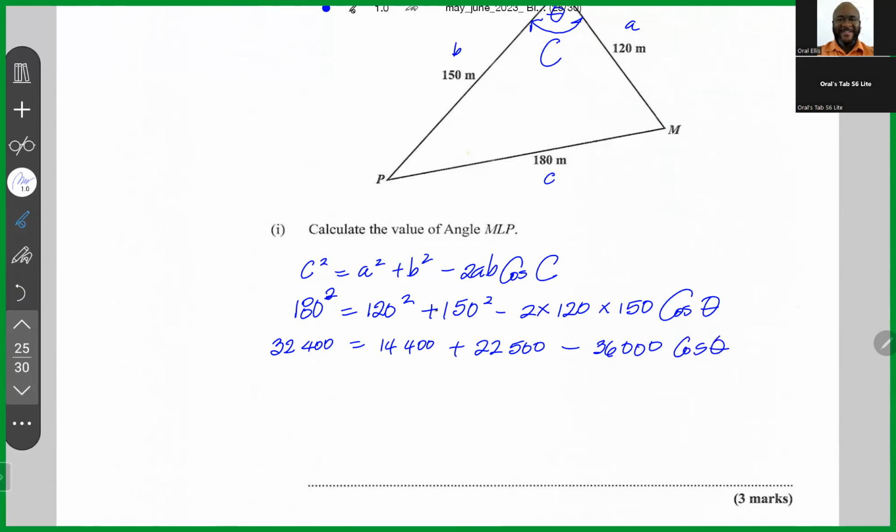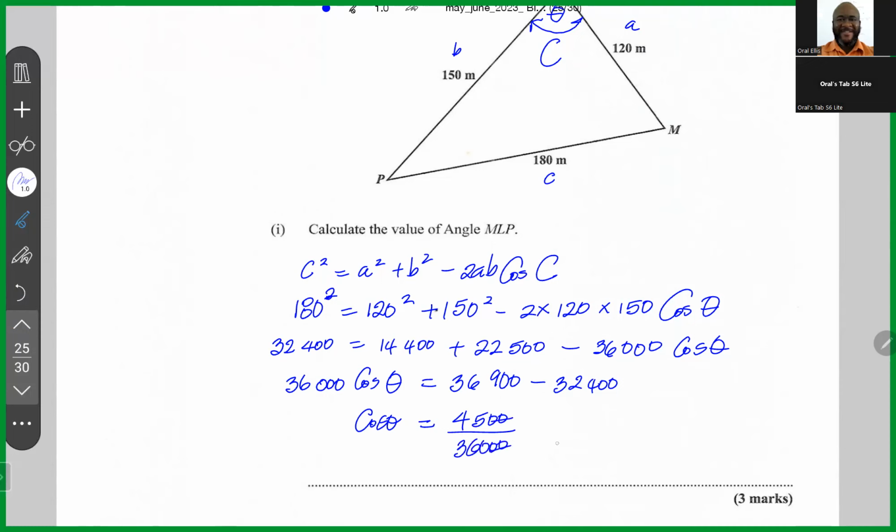Cos theta. My objective is to find out what theta is. Bring 36,000 cos theta to the left to make it positive, and over to the right, add 14,400 and 22,500 to get 36,900 minus the 32,400, and we end up with cos theta being 4,500 divided by 36,000.